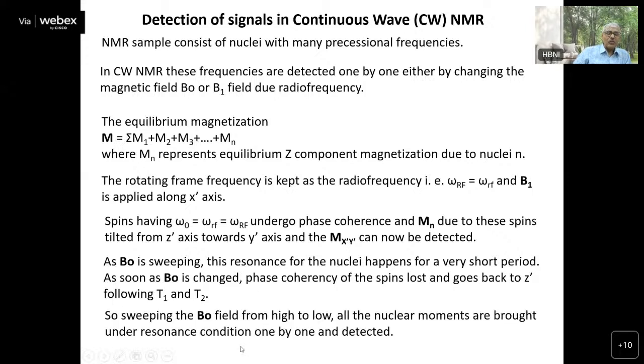If you do this sweeping, you can bring all the nuclei into resonance one by one. That is the way CW NMR works. So this is the functioning of continuous wave NMR in the rotating frame.